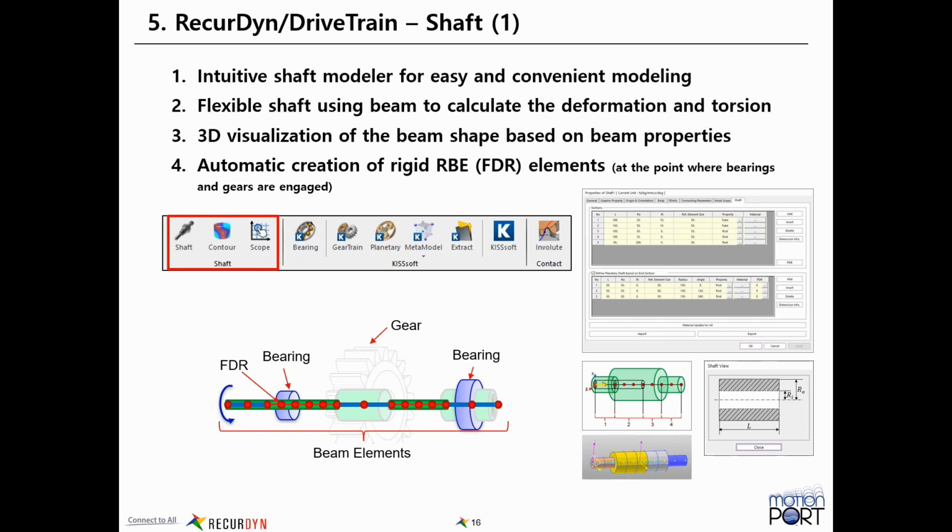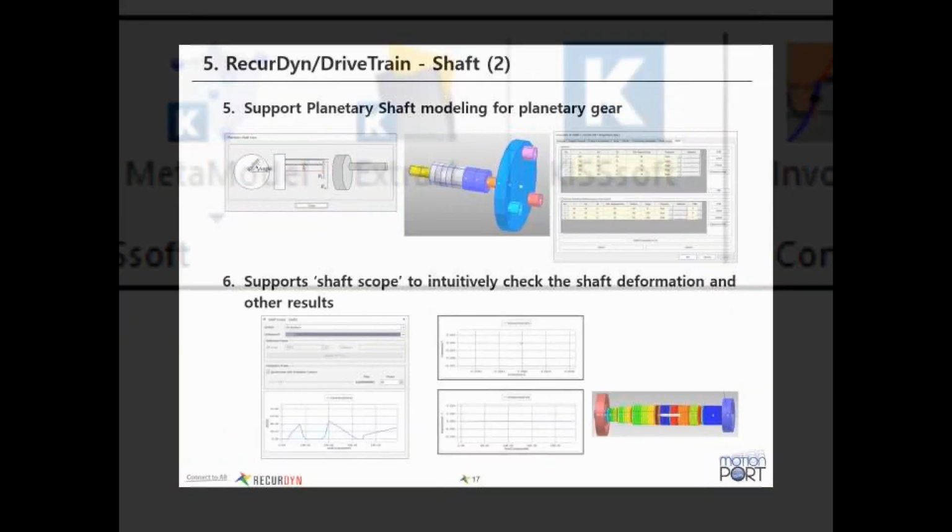A flexible shaft using beam elements is used to calculate the deformation and torsion. Then 3D visualization of the beam shape is used based on the beam properties. And you can also automatically create connections using FDR or RBE elements where the shaft connects to the gears and the bearings.